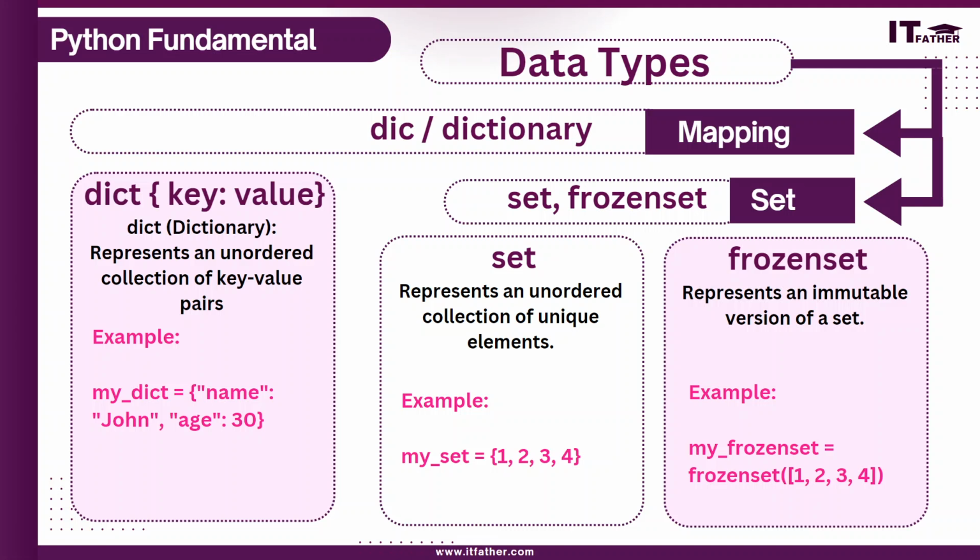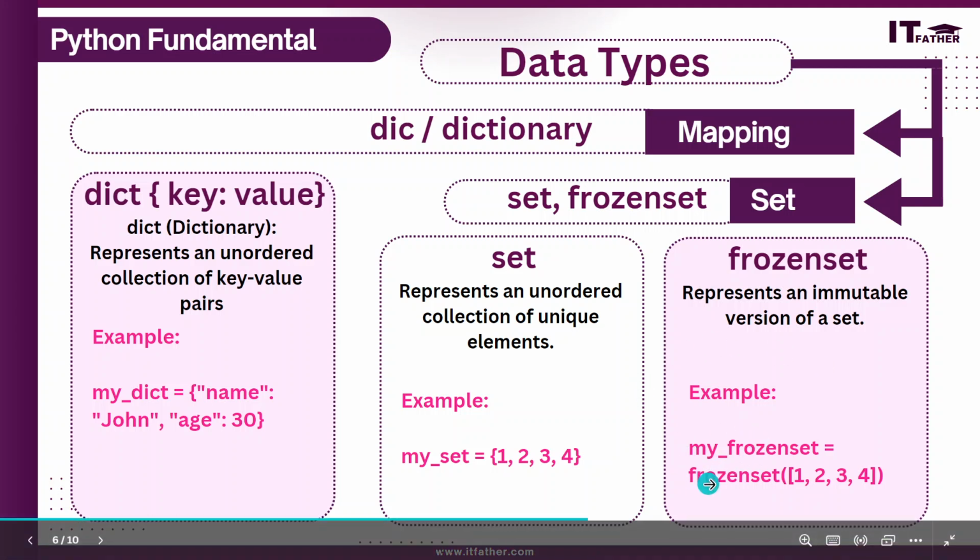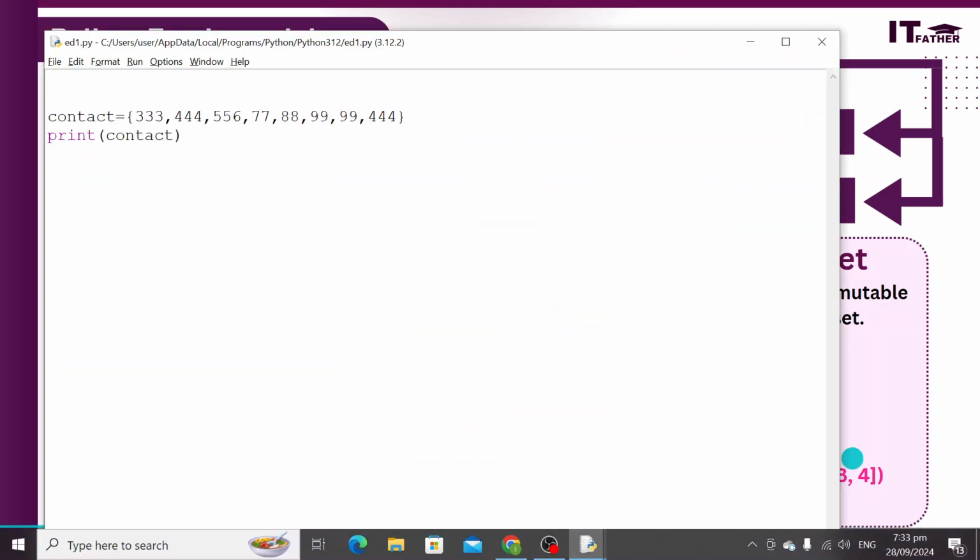Now we have another type of data, frozen set, which is an immutable version of sets. Sets are mutable, but frozen sets are immutable. We cannot change the value of a frozen set. For example, use the frozenset function and store values in the form of a list.